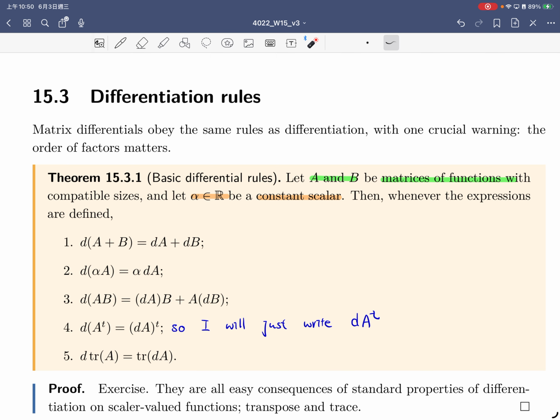And the last thing is about the interaction between taking a differential and taking a trace, okay? So it turns out trace and differential commute. You can take the trace first and then do differentiation term by term, or you can do it the other way around. This is also obvious, okay? You take the sum of the diagonal entries and then take the differential term by term.